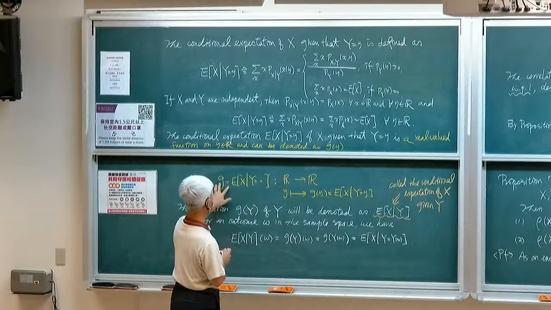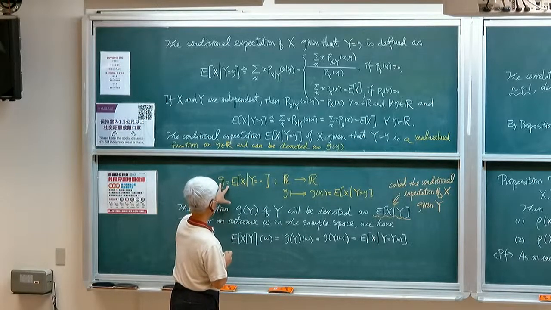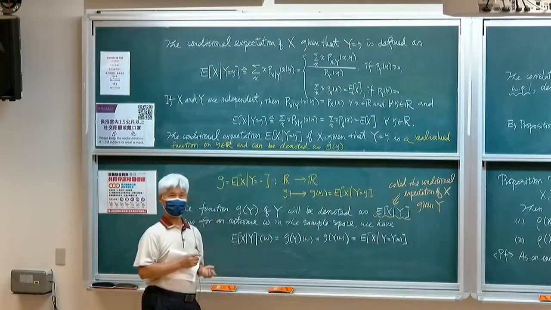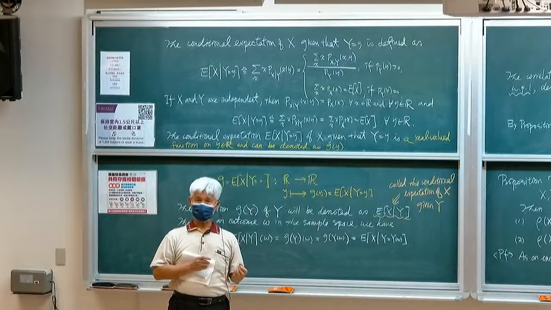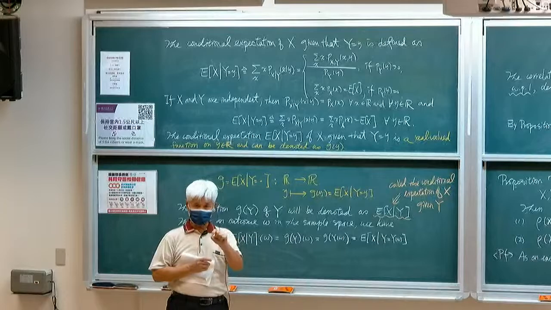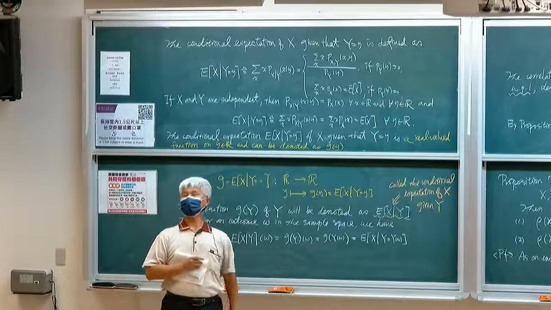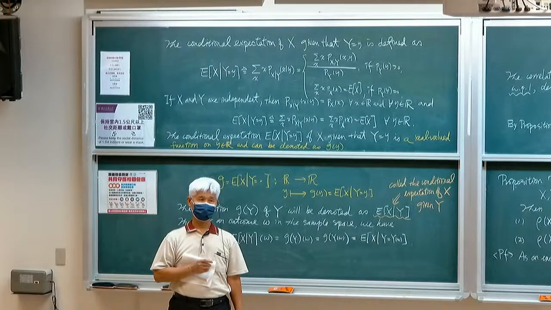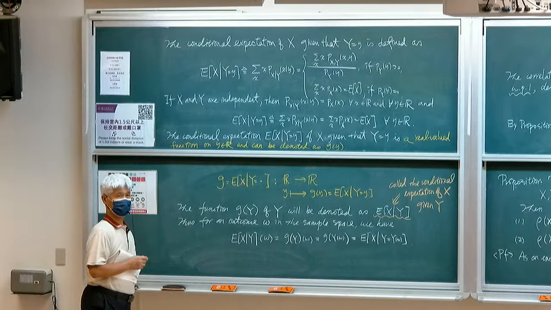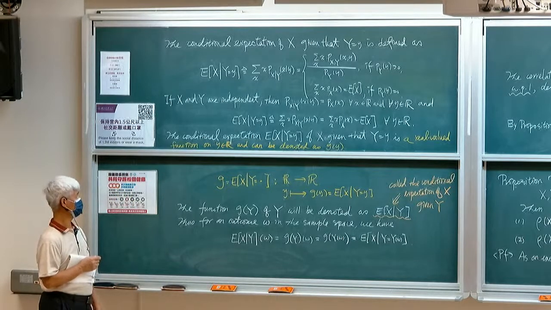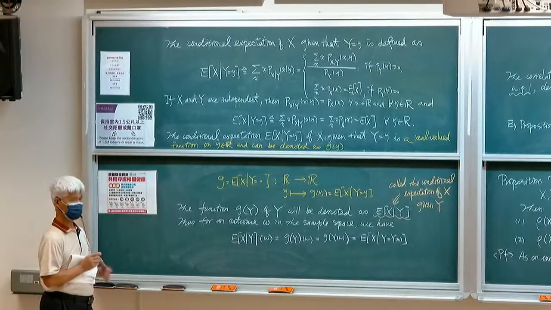Well, g is the function we defined before: the conditional expectation of random variable X given that random variable Y equal to some specific real value little y. Any questions?